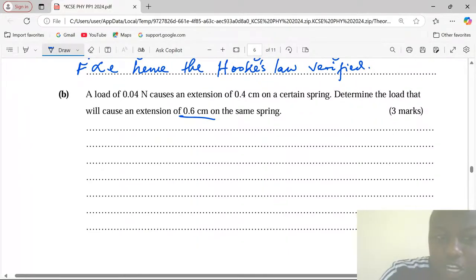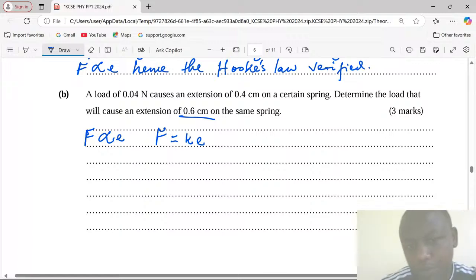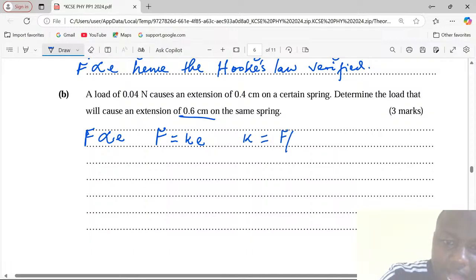So let's get the spring constant first. We shall say that force is directly proportional to extension, meaning that force equals a constant K multiplied by E. Therefore, for every spring, there is a constant K relating force and extension. So can we get the constant?